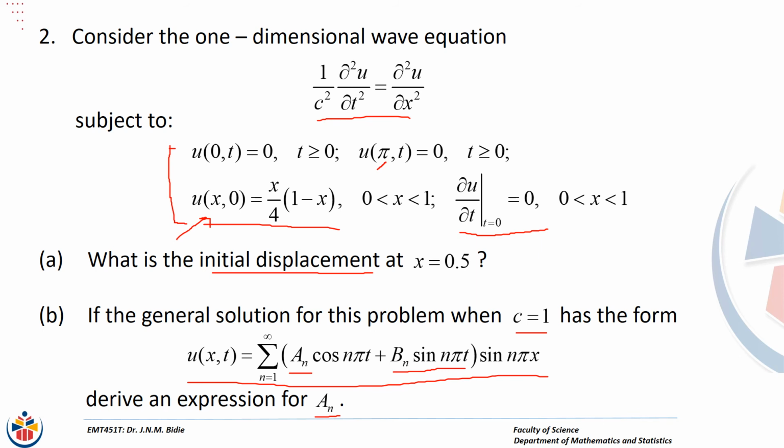If they specify solve this constant, like in this case an, in order for us to solve for an, bn must be eliminated. And the only way to eliminate bn is by just substituting t equal to 0 as it is, and then bn will be 0. Actually, the whole term that has got bn will become 0, and we'll be able to solve for an because we know cos 0 will give us 1.